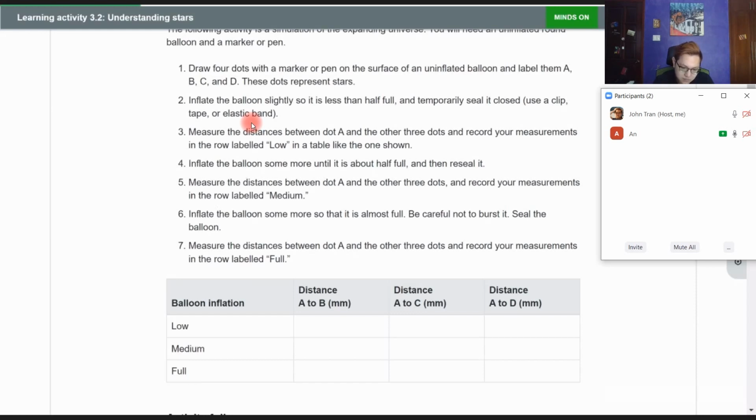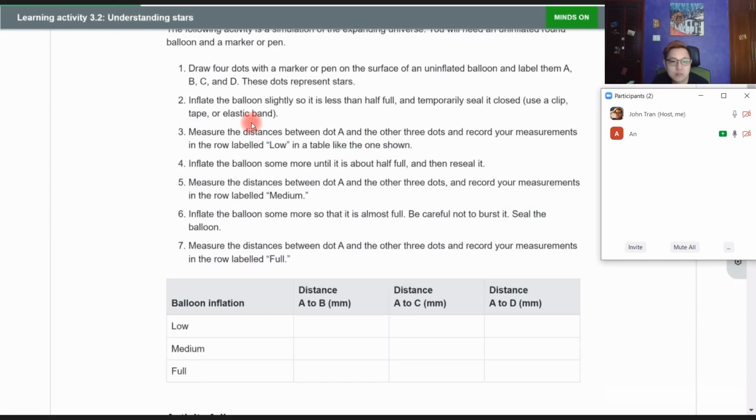Inflate the balloon some more until it's about half full, and then reseal it. Measure the distance between dot A and the other three dots, and record your measurement in the row labeled medium.